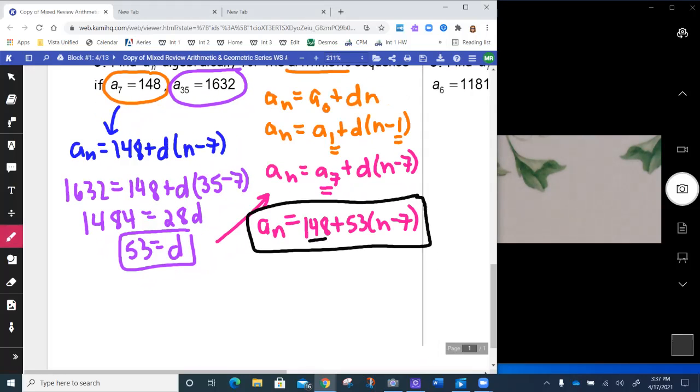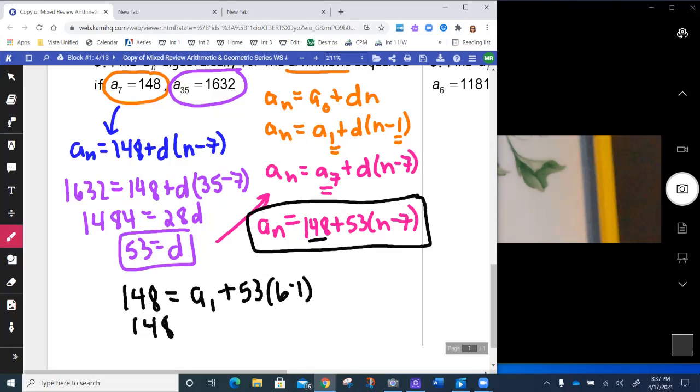If you needed it where that 148 was instead your first term, you can find your first term. Take 148, which is our seventh term, put it into A1, which you would be trying to find, plus our D, which is 53, times n minus 1. So that's going to be 7 minus 1 because that was our seventh term. Let me get my calculator back over here.